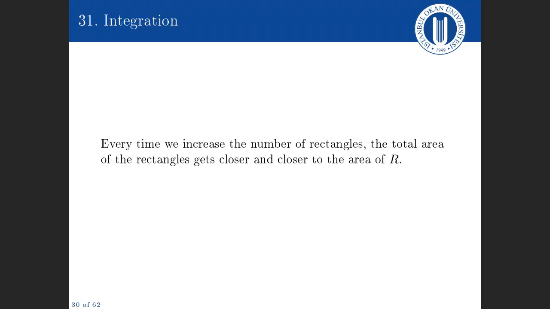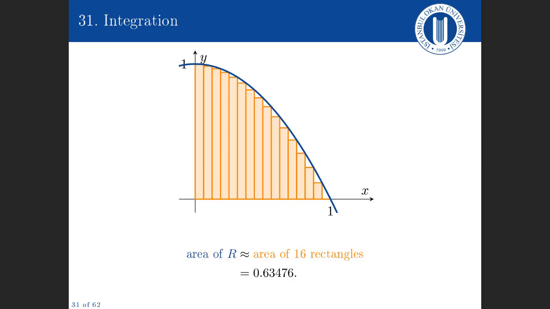Yes, we could increase the number of rectangles. And each time we increase the number of rectangles, the total area of the rectangles is going to get closer and closer to the area of R. For example, if I use 16 rectangles, and if I do this calculation, I find that the area of R is approximately 0.63476.